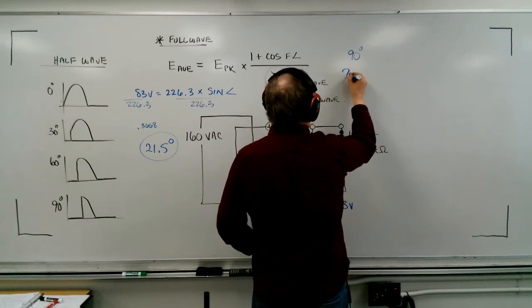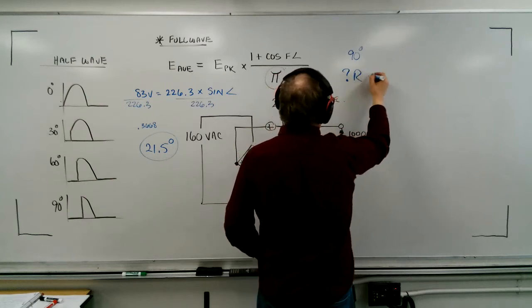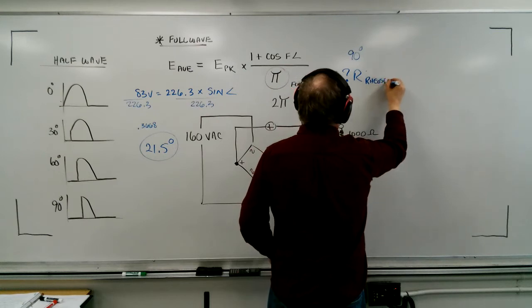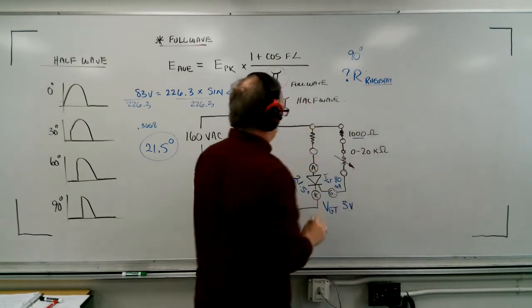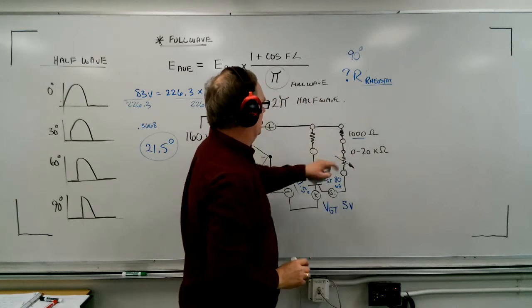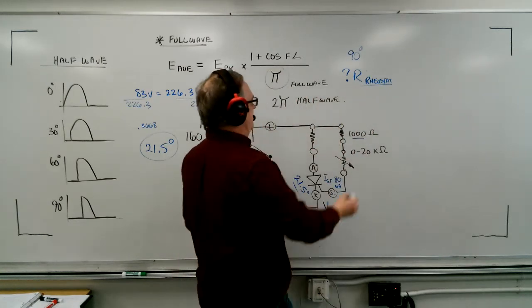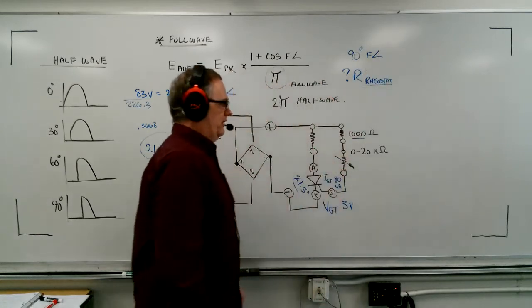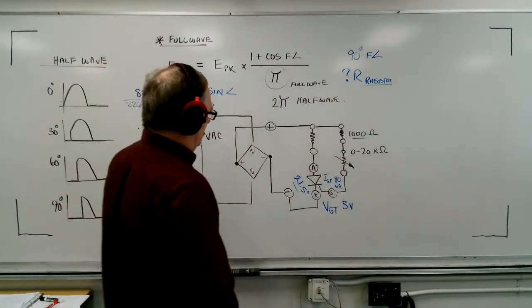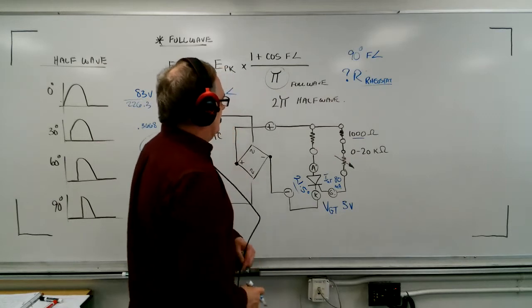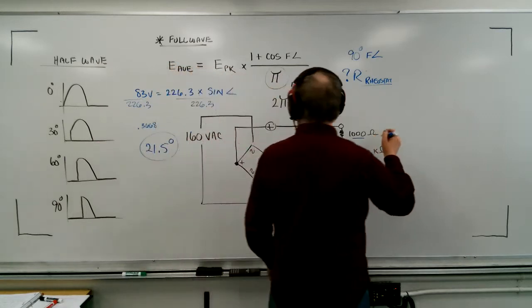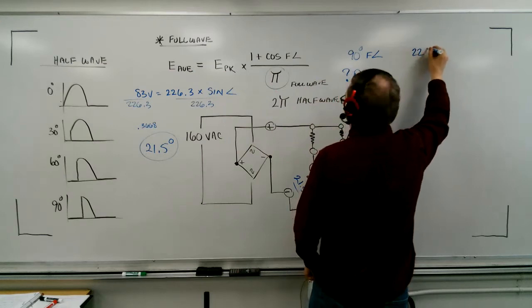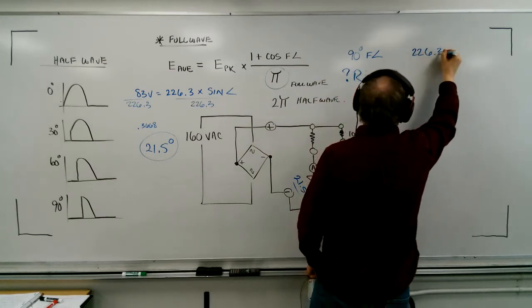And the question is, how much resistance on the rheostat? Okay. So the rheostat right here, this 0 to 20 k ohm, how much resistance do we need to give us a 90 degree firing angle? Okay, let's look and see. So we know that at 90 degrees, our voltage will be 226.3 volts.